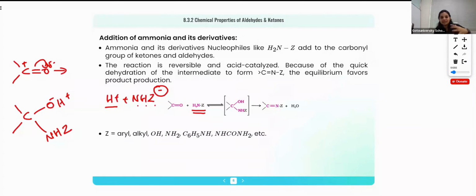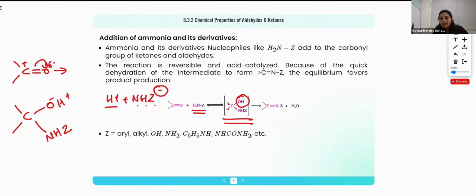If you want to produce the correct product, this is an intermediate only. If you have to produce the final product, you have to add some H plus ions. Then that H plus ion will take this OH group. Then automatically this carbon will get 3 bonds, 1, 2, 3, because this OH group is moving with this bond itself.